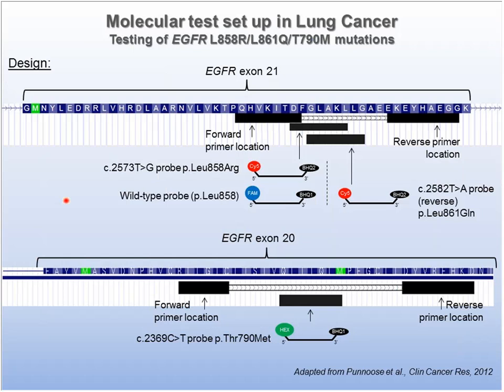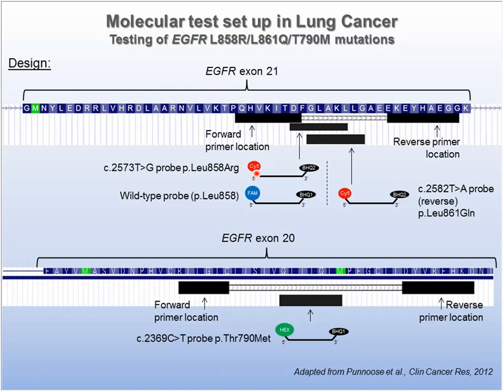Here is a second example of design for the detection of the activating mutation of EGFR L858R mutation, L861Q mutation, and the resistance mutation T790M mutation. So it's here a rather simple design.